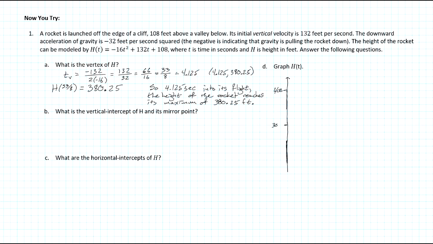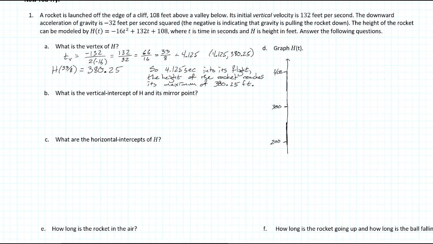This would be 300, another 5, 1, 2, 3, 4, 5, there's 200. Get plenty of height on this. There's 100, and then 1, 2, 3, 4, 5, there's the ground.